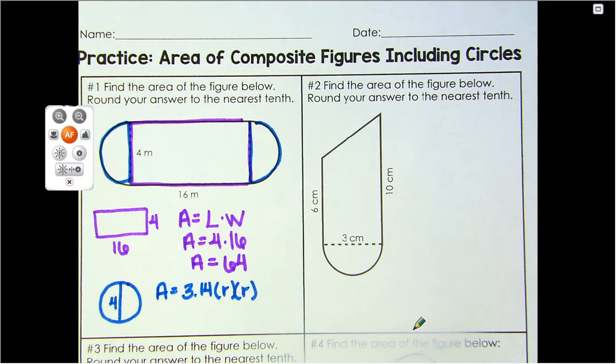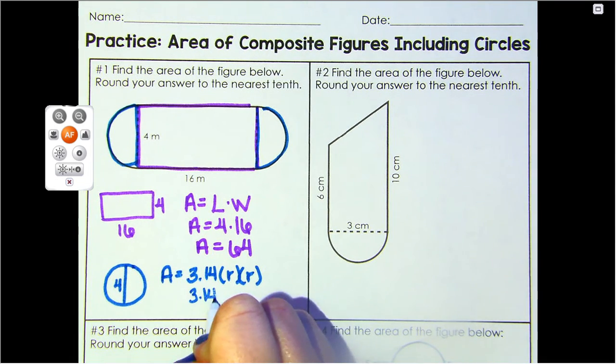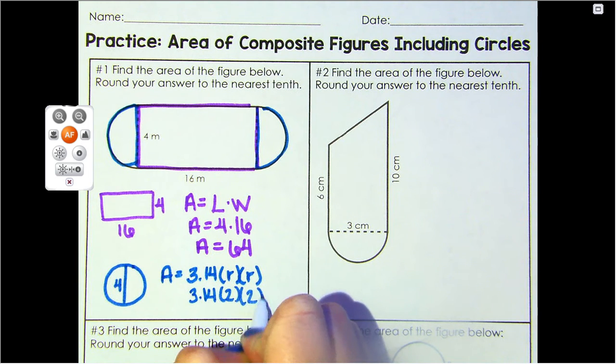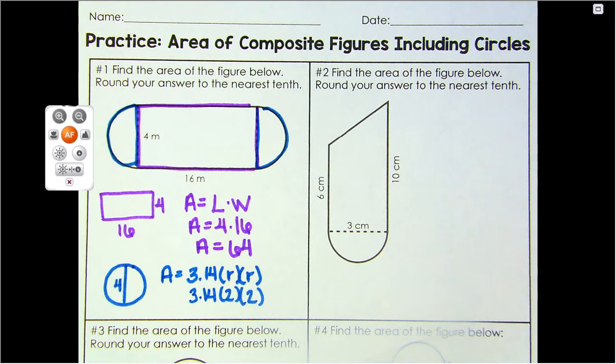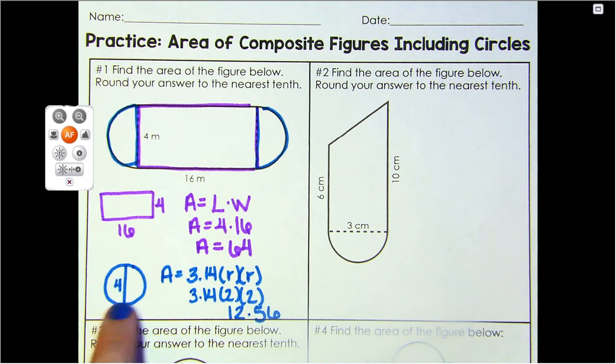So I need to take 3.14 times 2 times 2, and that number is 12.56. I did find there is one circle inside this picture, so that's all I need to do.